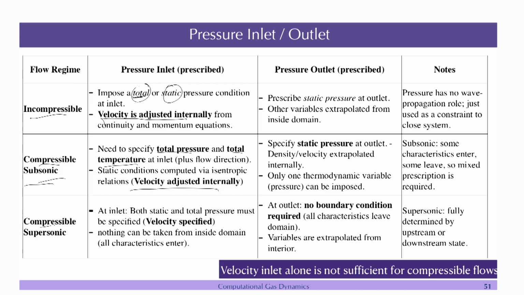In the case of compressible supersonic, because you fix both the total pressure and static pressure and the total temperature, your velocity is fixed, it is not changing iteration to iteration. At the outlet for incompressible, you have to give static pressure. And in the case of supersonic, you do not need any boundary condition.